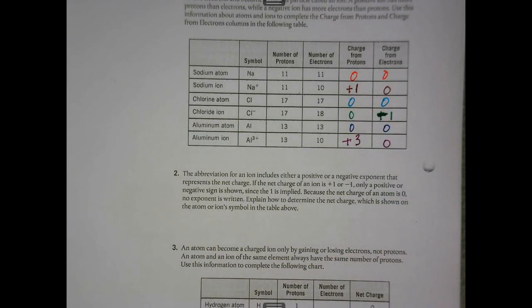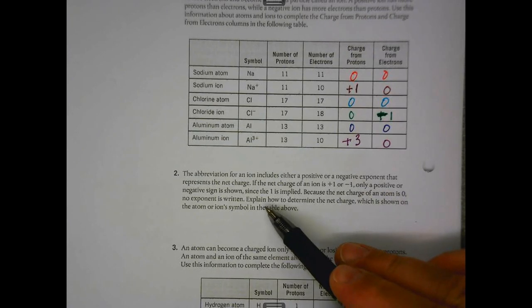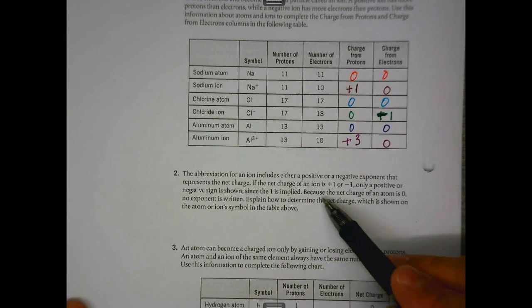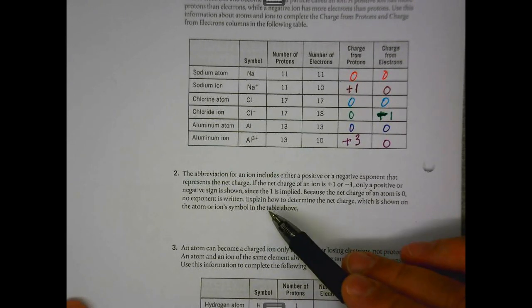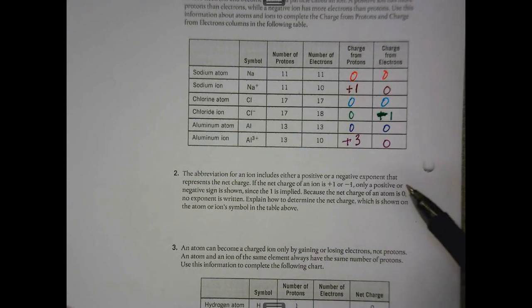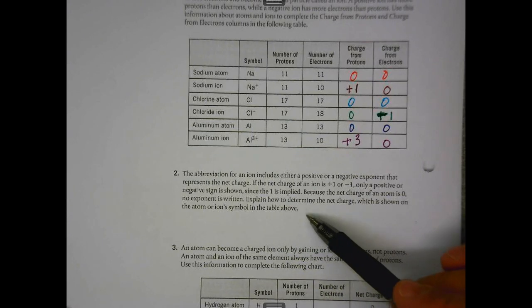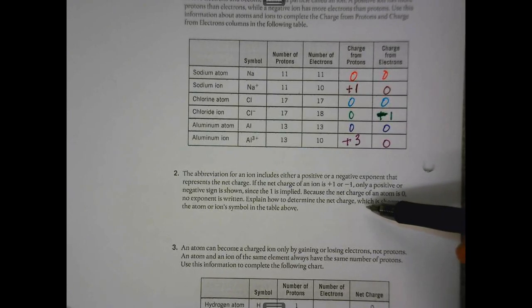Because the net charge of an atom is 0, no exponent is written. Explain how to determine the net charge, which is shown on the atom or ion symbol in the table above.